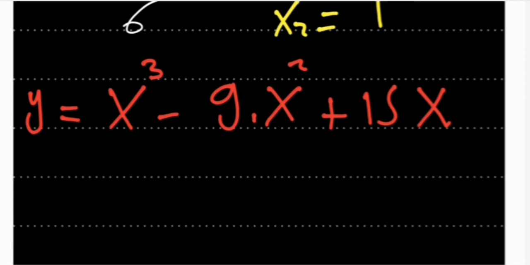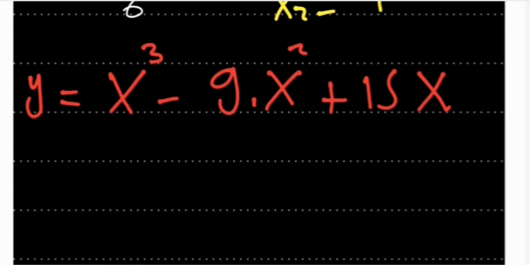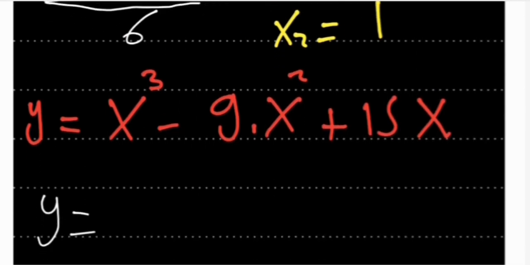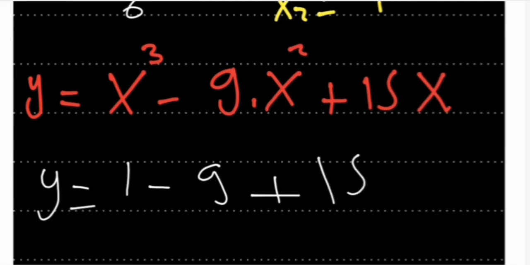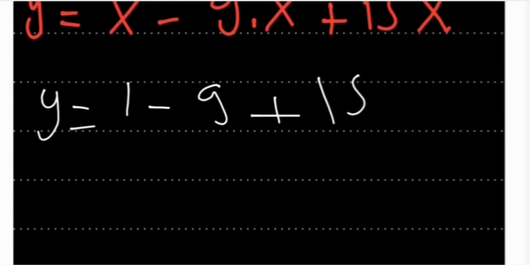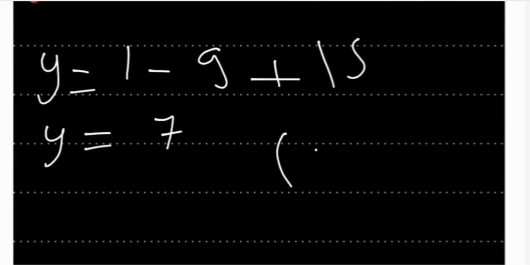So for x, when x is 1, because it's the easier one to do, y will be equal to 1 minus 9 plus 15. So 16 minus 9 is 7, right? So y is equal to 7. So we have this point over here. When x is 1, we have 7.